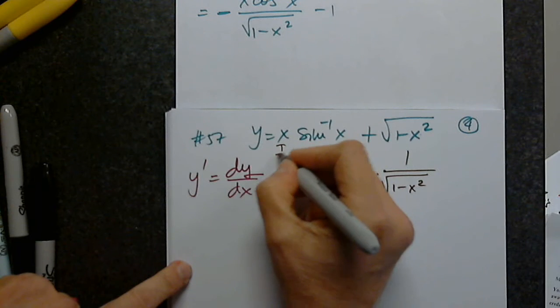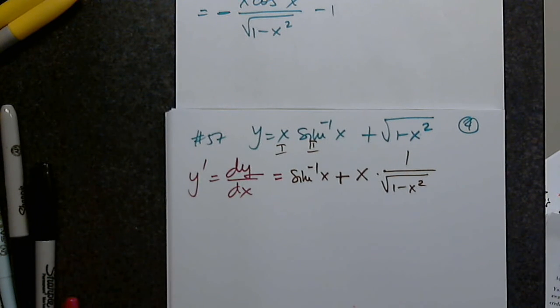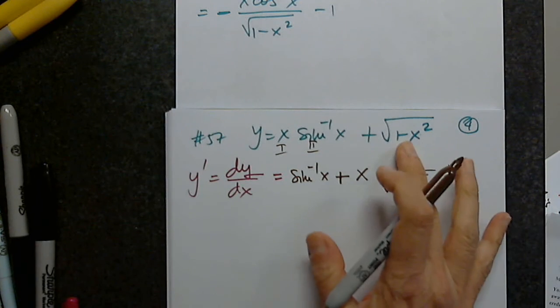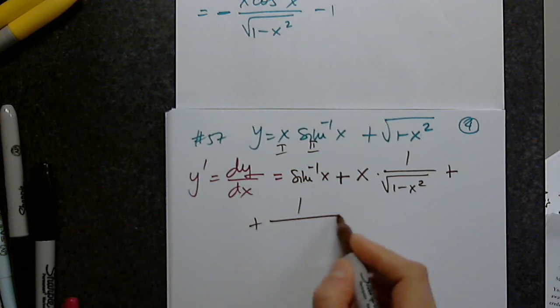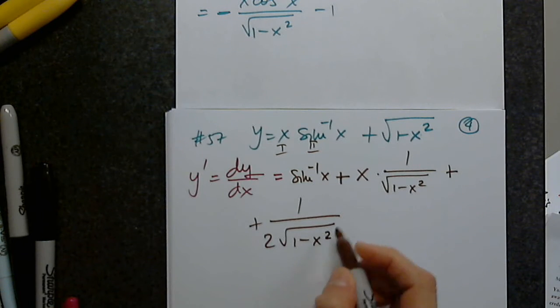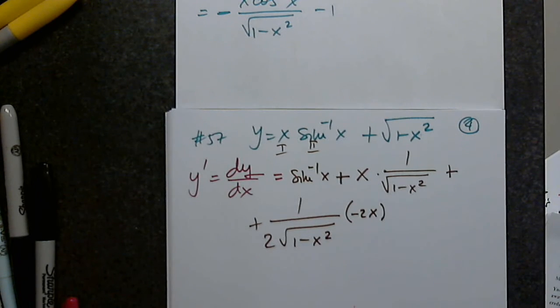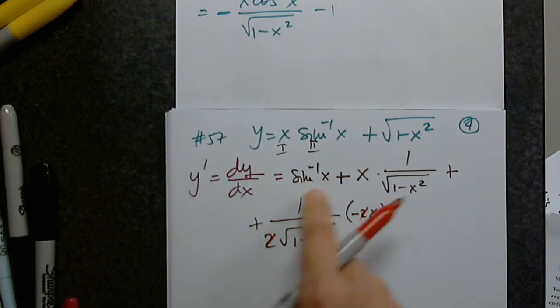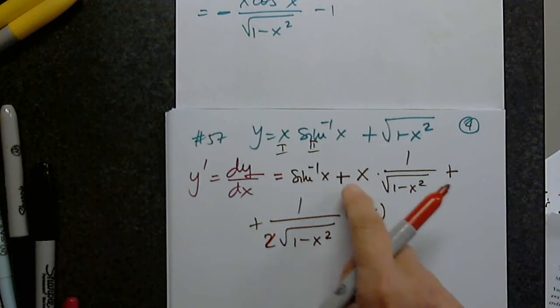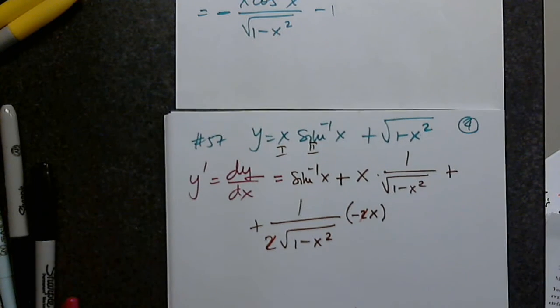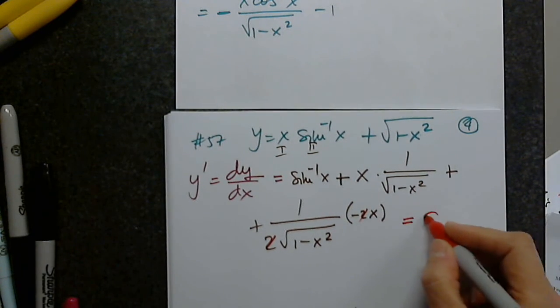So here I had to use the product rule, 1 prime times 2 plus 1 times 2 prime. And then plus, for this I know what I have to write is 1 over 2 the square root of 1 minus x squared multiplied by negative 2x. And this is quite nice because after I simplify the 2 with the 2, this becomes negative x over the square root, and I have a positive x over the square root.